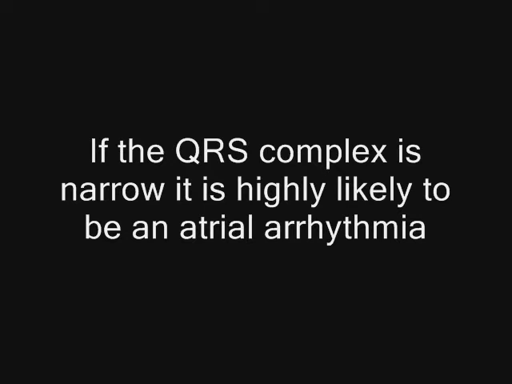Now this is because the ventricles say as long as depolarization travels down the normal pathway in the ventricles, however it's occurring in the atria, we will give you a normal QRS complex. So we think of atrial fibrillation, supraventricular tachycardia, sinus bradycardia, all the atrial arrhythmias will give you a normal QRS complex.